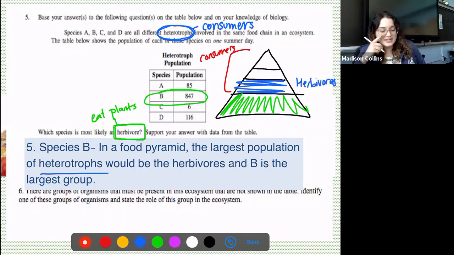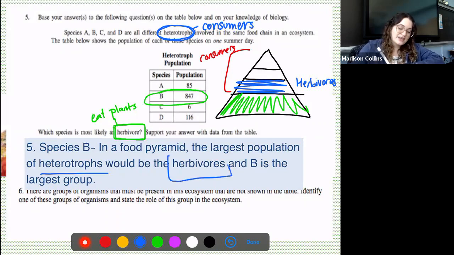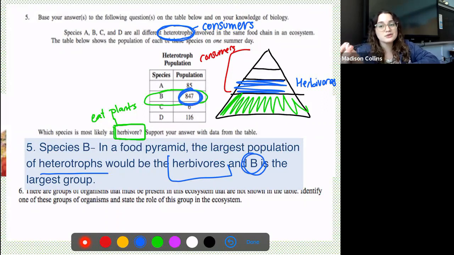Because we're only looking at heterotrophs here, only the consumers, the largest population of heterotrophs is going to be the herbivores, and that is species B. Species B has 847 organisms. They're doing pretty well, but because they have the most organisms, we can infer that those are going to be our herbivores.